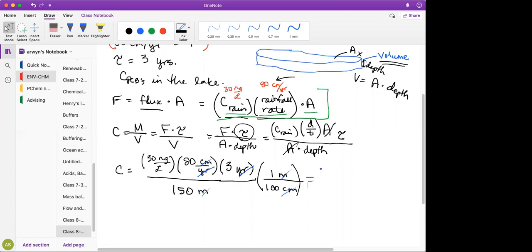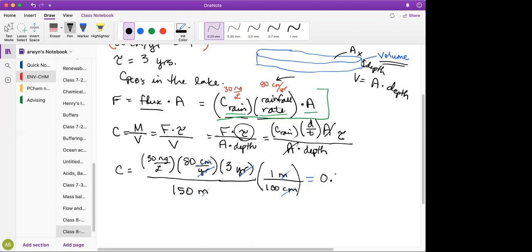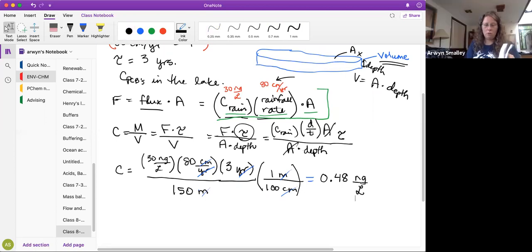Oh. I got 0.48. It's nanograms per liter. Okay, let's check our answer. Yep, that's what they have.